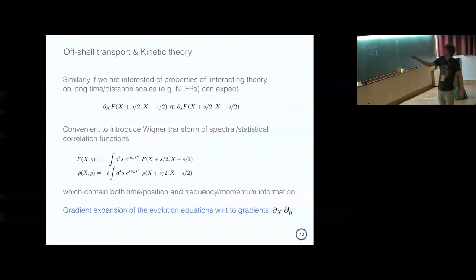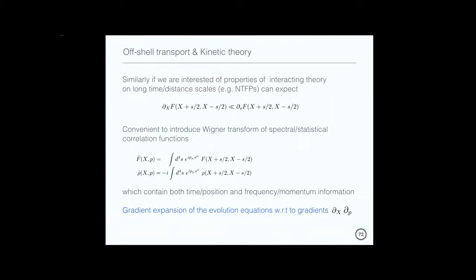And so to take into account these fast oscillations, if you have a function which just oscillates all the time, then you probably don't want to deal with this in real space, but rather in Fourier space. And so it becomes convenient to introduce these objects which are called Wigner transforms of these two-point correlation functions.